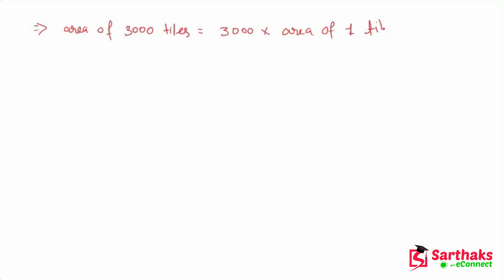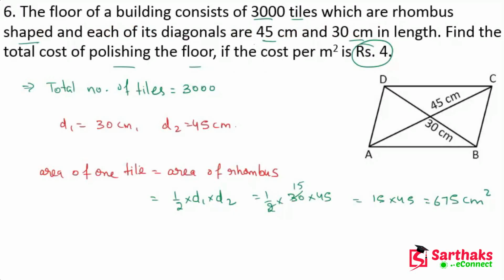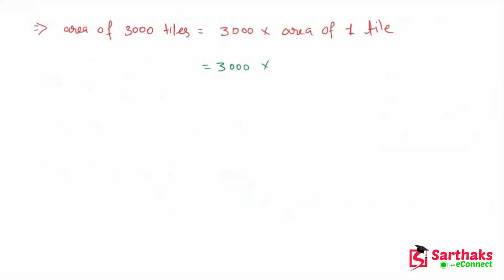If you multiply 3000 into 675, this will become 2025000 centimeter square. Now we need to find the cost.